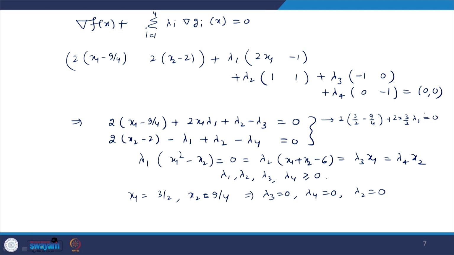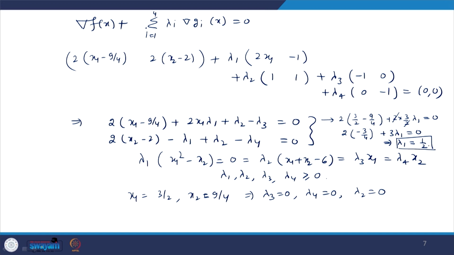So, what have we obtained from here? This 2 will cancel with this 2. So, this is nothing but 2, this is 6/4, that is minus 3/4 plus 3 lambda 1 equal to 0. So, this implies lambda 1 is equal to, so 3 cancels out, 1/2.